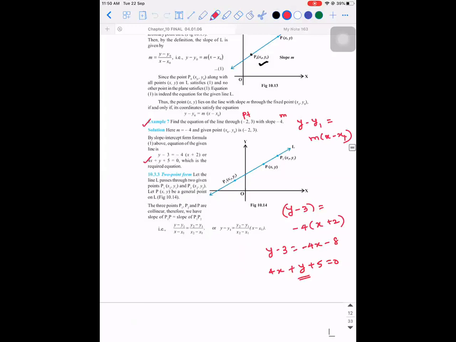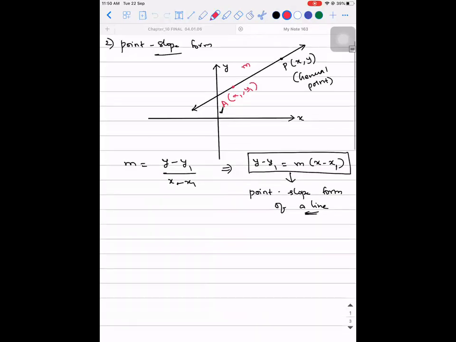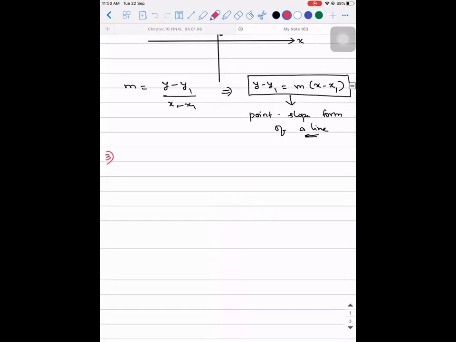Okay. Next. Shall I move on to the next one? The next one is called two-point form. So what do you mean by two-point form?